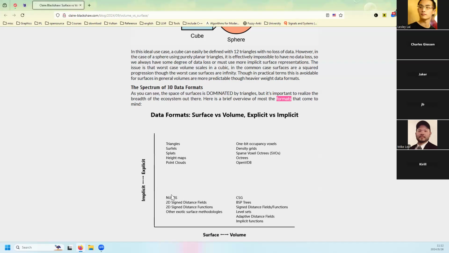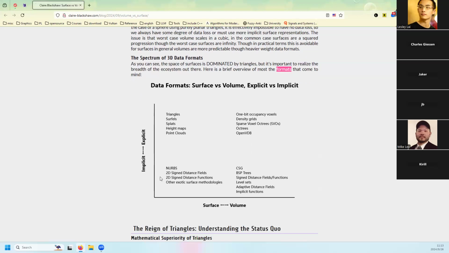NURBS. I'm not really familiar with this. From my understanding, this is basically like a Bezier curve, but in 3D. Is this correct? Yeah, they have control points the same way that splines do.